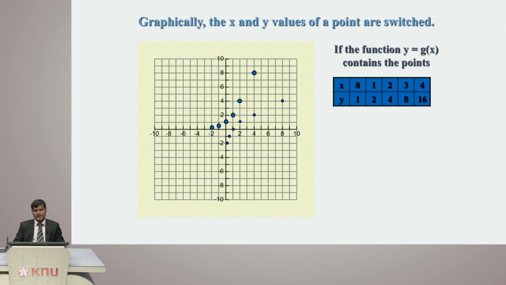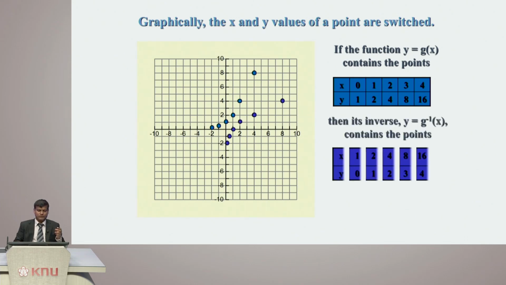Let's say we have a series of values. If a function y equals g of x contains the points x is 0 to 4 and y is 1, 4, 8, 16, then you have the inverse function y equals g inverse of x, in which case x is 1, 4, 8, 16, and y is 0 to 4.